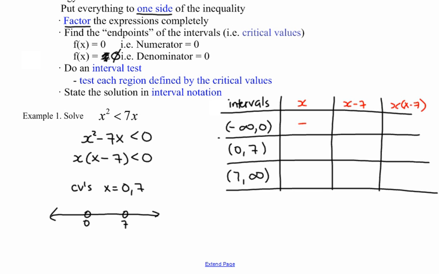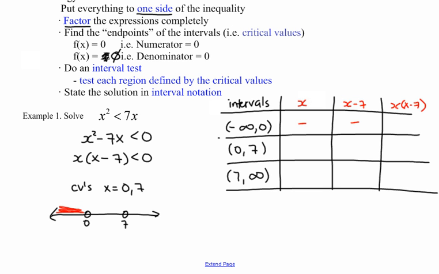Really what you're doing is picking a value between negative infinity and 0, say negative 1, and plugging it into x minus 7. Negative 1 minus 7 would be a negative, always. Any number you plug in from negative infinity to 0, so negative 2 minus 7, just figure out if it's positive or negative.